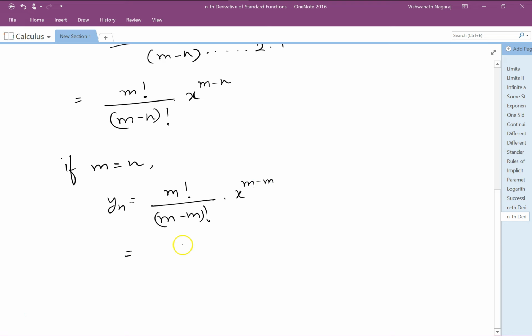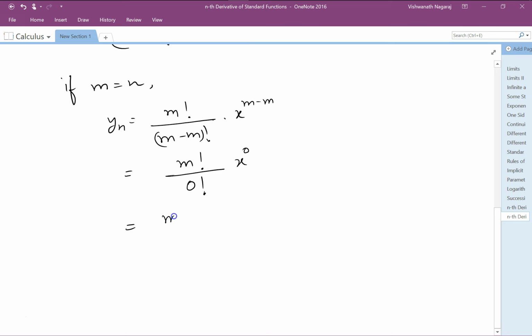This would be equal to m factorial by 0 factorial x to the power of 0. Now here you know 0 factorial is 1, x to the power of 0 is 1. So if m is equal to n, yn will be equal to m factorial.